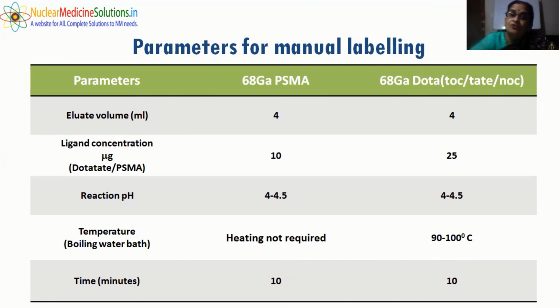The boiling should run in parallel. This is important because you have 10 minutes to stand. Even where heating is required, please start the boiling of water as you start the elution procedure.